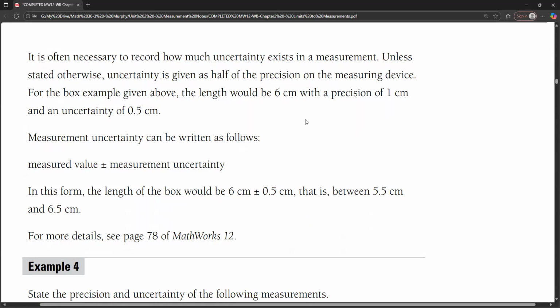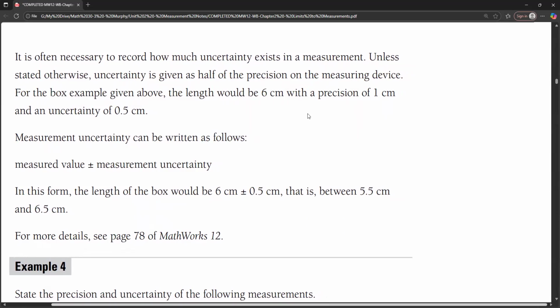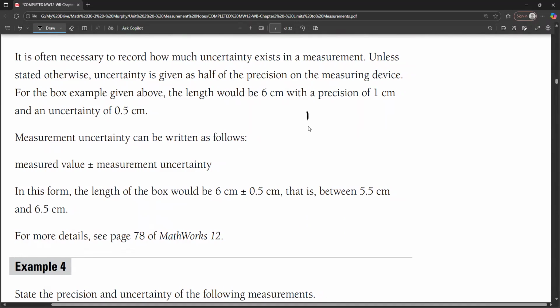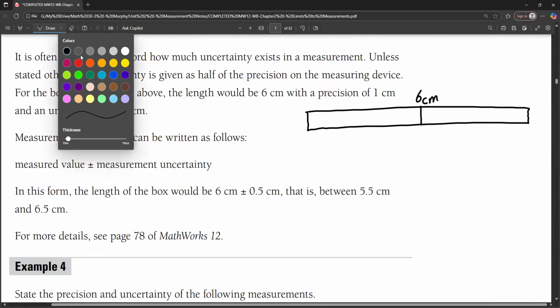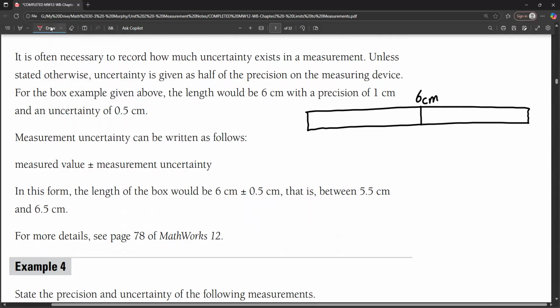Okay, so I'll just draw a diagram here. They're just saying this is your ruler. Let's say halfway is 6 centimeters, and you're measuring, let's just say, a box here.